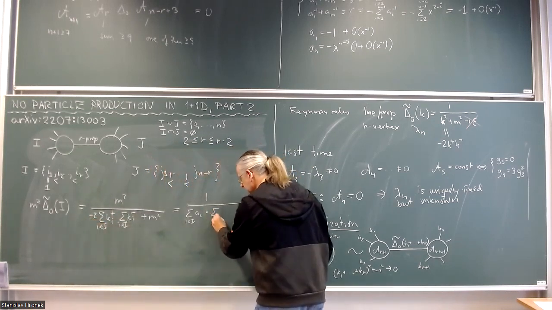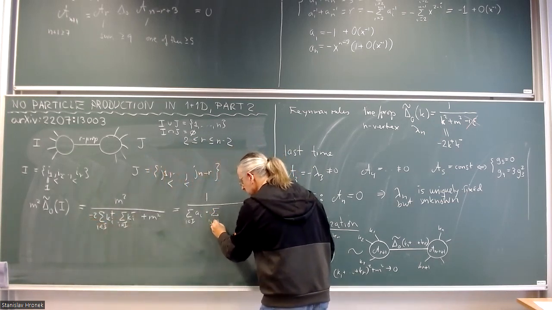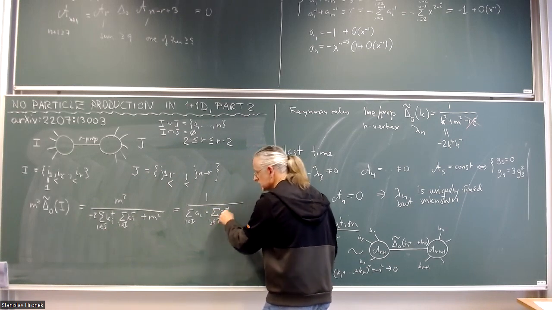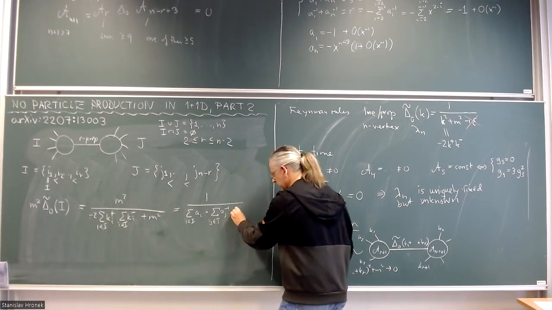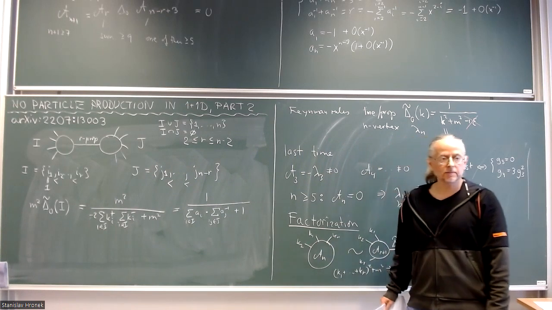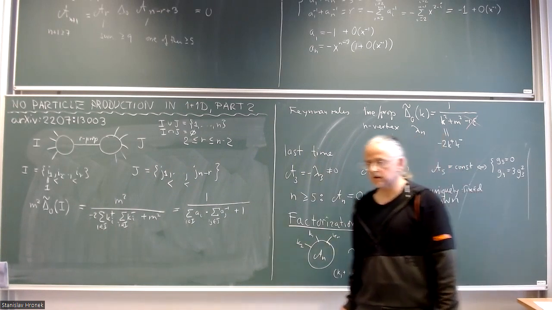So therefore I can write the sum over j belonging to J of A_j, minus first, which is the minus component. Does that make sense? I see Stanislav is nodding.